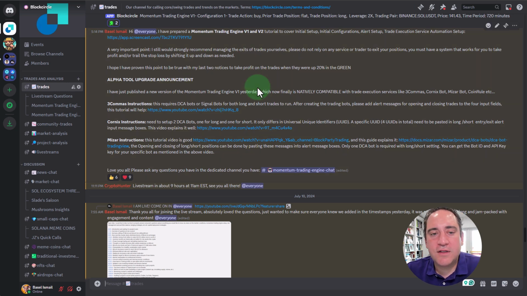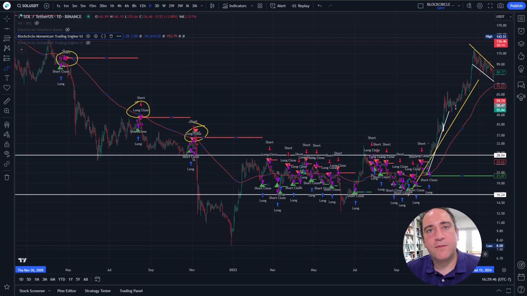So at a high level, this is how it works. You would set up an alert from TradingView to be sent to a destination, which is a service, which will take the alert and execute the trade on your behalf. And that is as simple as that.